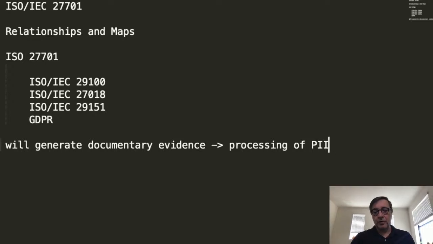For those who are not familiar, ISO 27701 was initially developed as the ISO IEC 27552, right? But not anymore, okay? Now it becomes the ISO 27701.